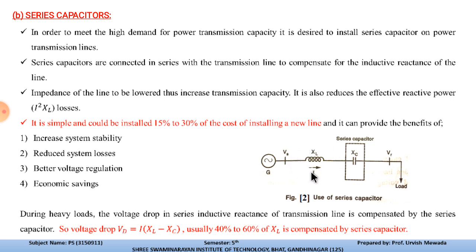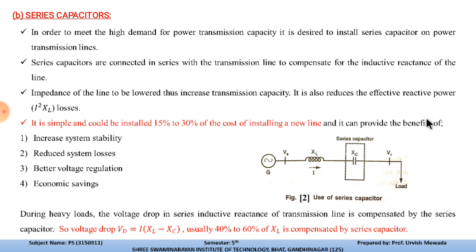So we need to compensate the effect of that inductive reactance. By compensating the effect of inductive reactance, we can maintain the line impedance. And if the line impedance is maintained, then we can maintain the sending end to receiving end voltage ratio, and also compensate the reactive power of the transmission line.